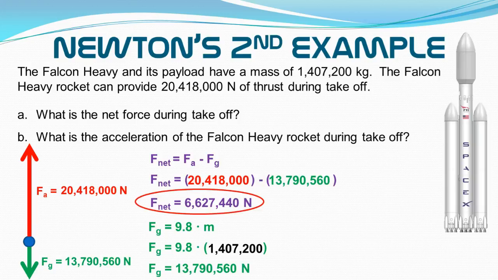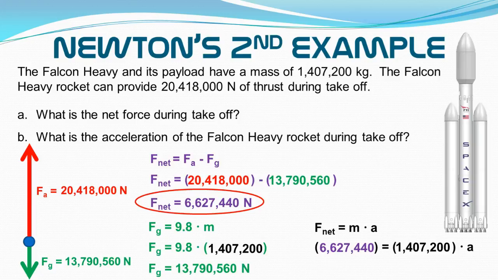If I wanted to find the acceleration of the rocket, now that I know the net force and the mass of the rocket, I can use Newton's second law. F net equals m times a, or mass times acceleration. I'm going to plug in the information I know, the net force, or the change in force, the mass of the rocket, and I'm solving for acceleration. This is really turning into a one-step equation. What's happening to a?